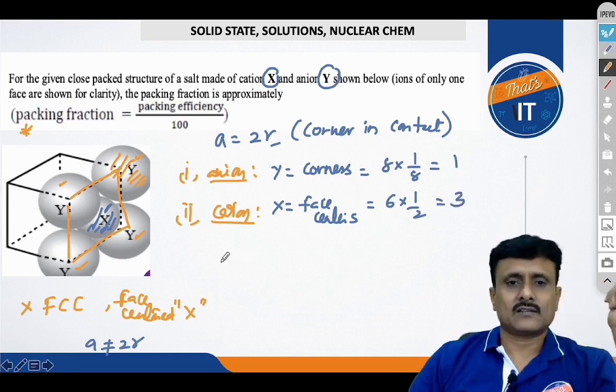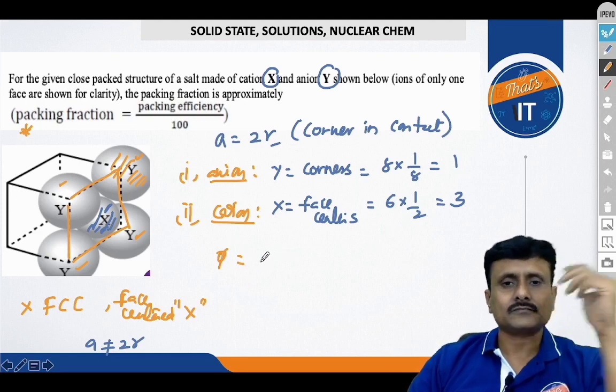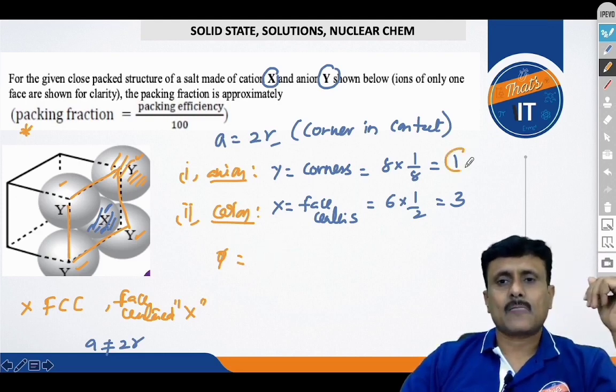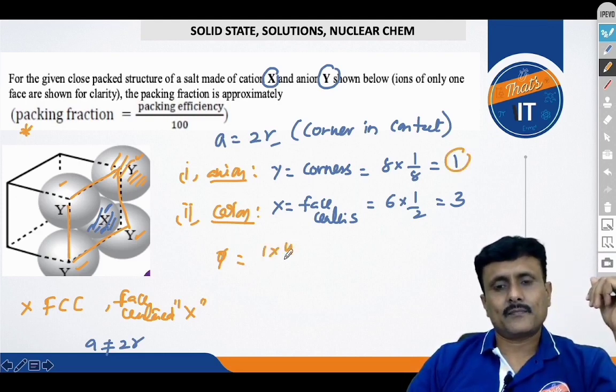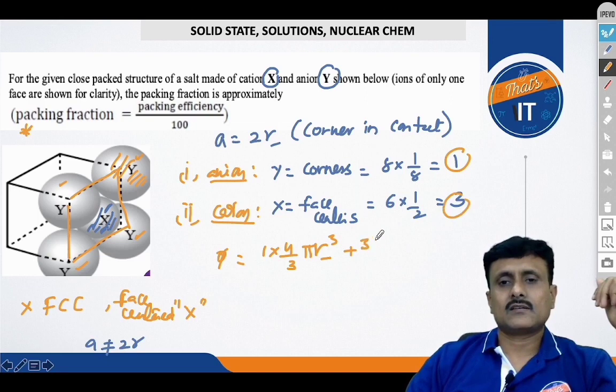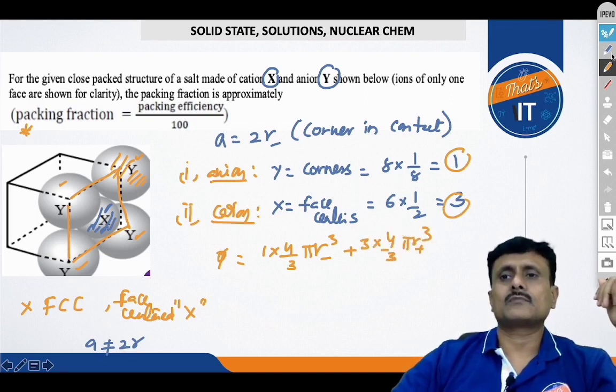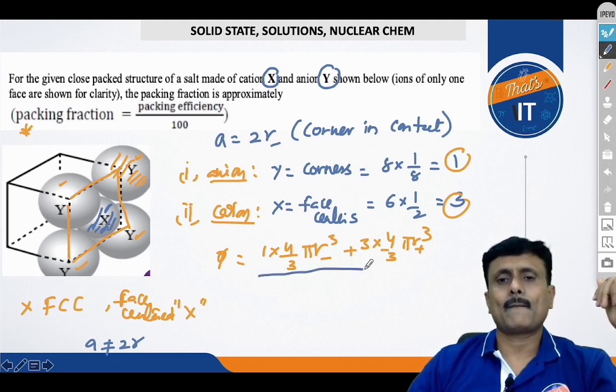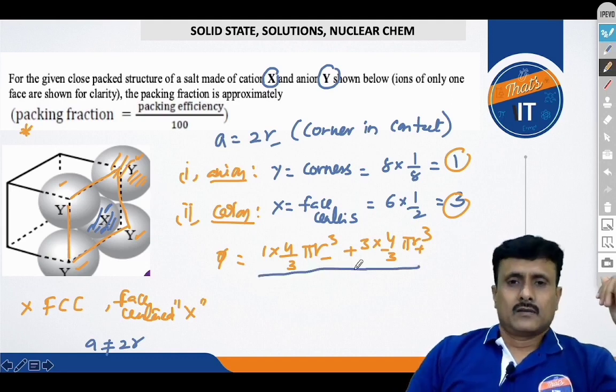Therefore, when you write the packing fraction, you can see there is 1 corner, 4 by 3 pi R minus whole cube, plus 3 cations, 4 by 3 pi R plus whole cube, divided by A cube, isn't it?